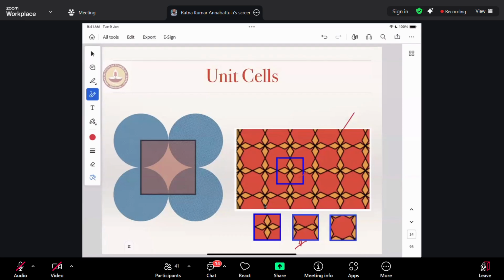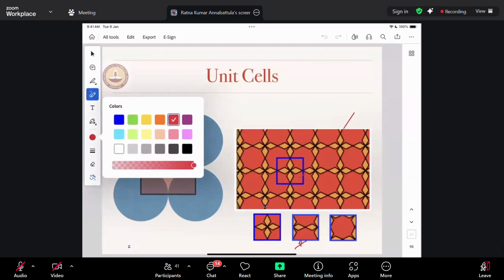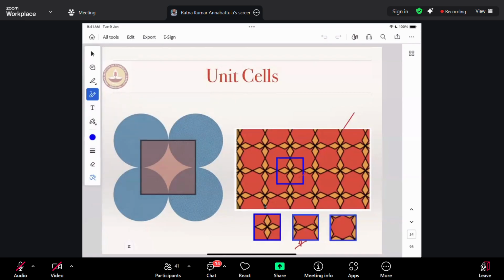Let me draw it with a different color. That is your second unit cell, as you can see here. Right? Where is your third unit cell?